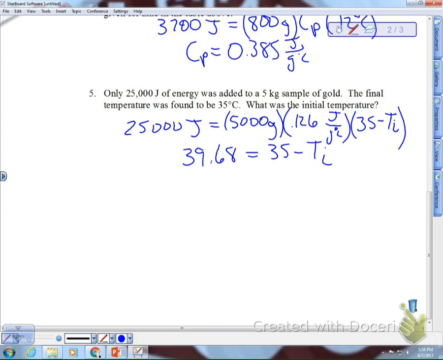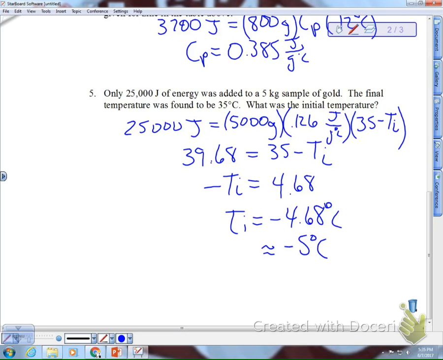Then to get Ti by itself, minus Ti equals 4.68, and that means the initial temperature here was negative 4.68 degrees Celsius. And if you wanted to round that one to sig figs, about negative 5 degrees Celsius.